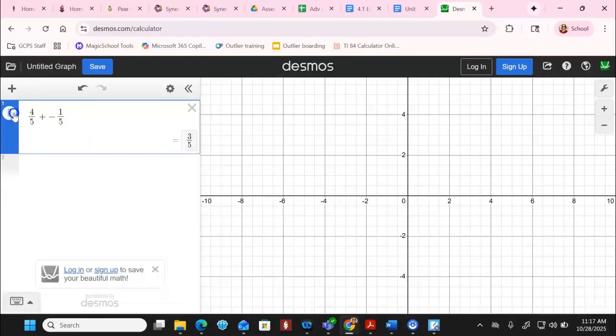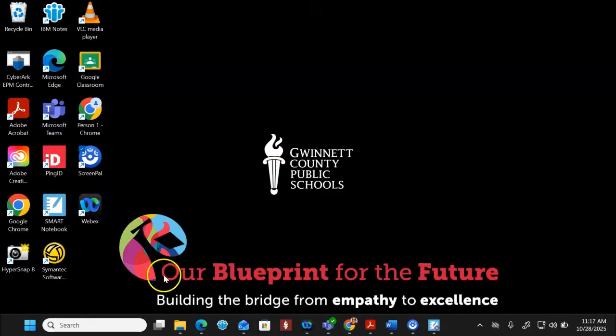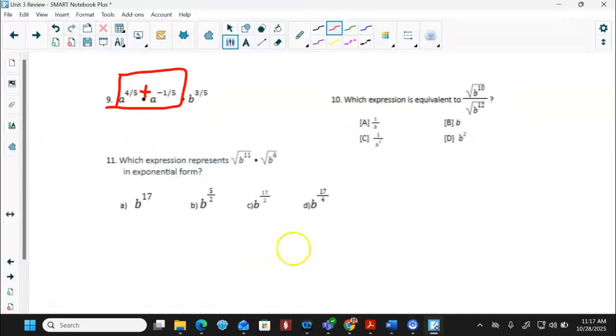And we are going to get 3/5. So A is now to the 3/5, and then B just stays by itself. I can't do anything about the B, so we're just going to keep it in this form. We cannot add them, nothing.